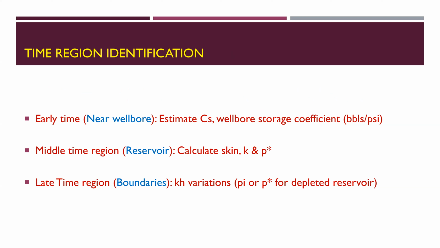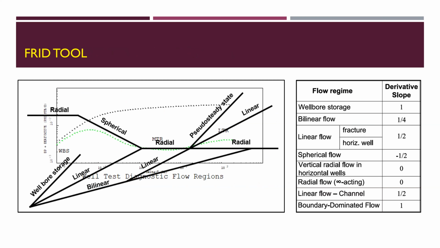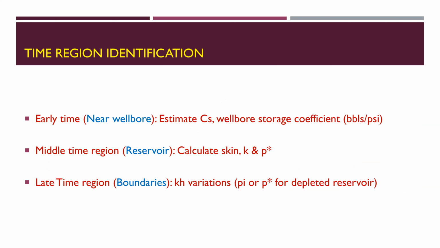We can split the log plot or the type curve into 3 main regions according to time and the pressure response as well. It is early time, which will be near wellbore, that means it will be affected by wellbore storage.